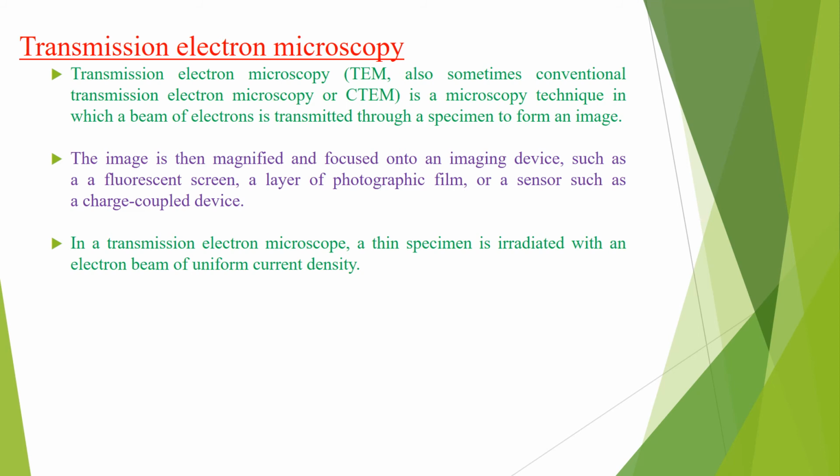In a transmission electron microscope, a thin specimen is irradiated with an electron beam of uniform current density. The electron beam illuminates the specimen through the condenser lens.